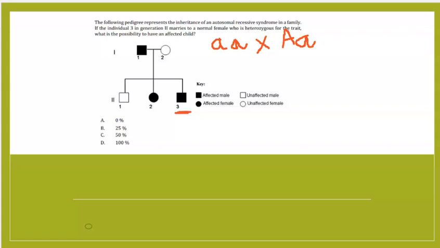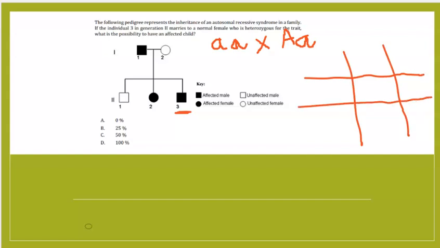Now they want to know the possibility to have an affected child. So when you have figured out your genotype, the first thing you do is make a Punnett square. I suppose you all know how to make it. First write the first genotype on the top, then write the second genotype here in the row part, and then you start cross multiplying.